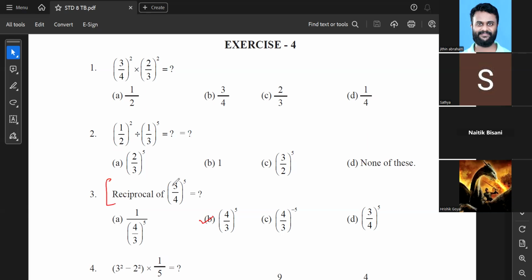They are not asking whether this is equal to this. It is the reciprocal of this. I've already told you the reciprocal of A is 1 upon A. So the reciprocal of this fraction is uska ulta, 4 by 3. Option B is your correct answer. Okay?